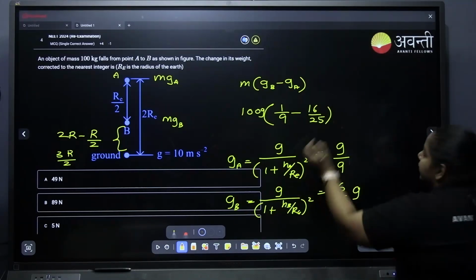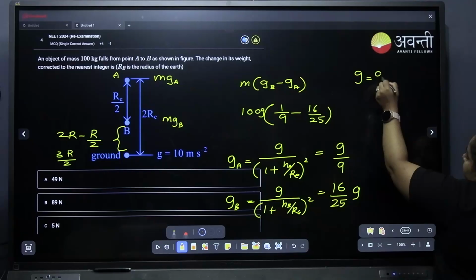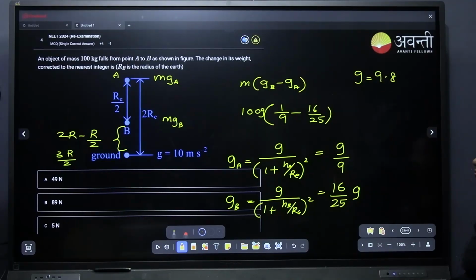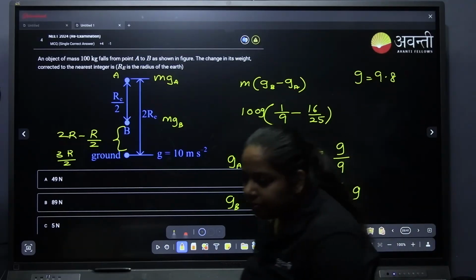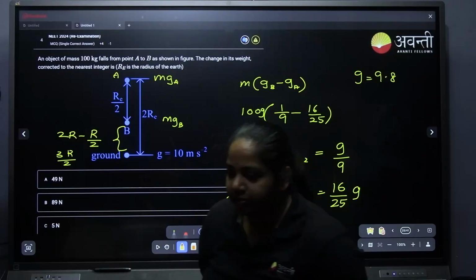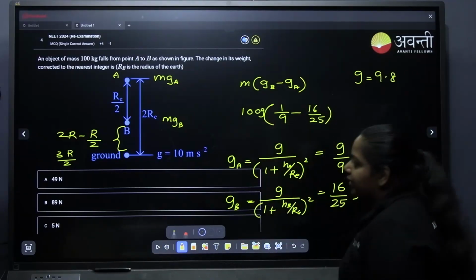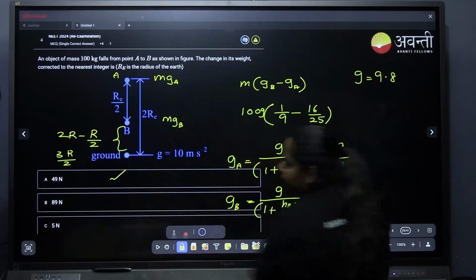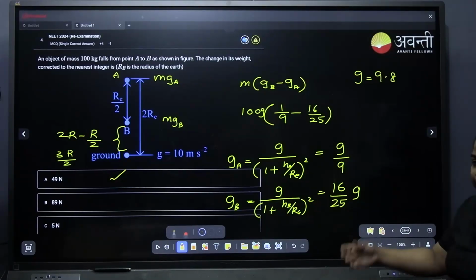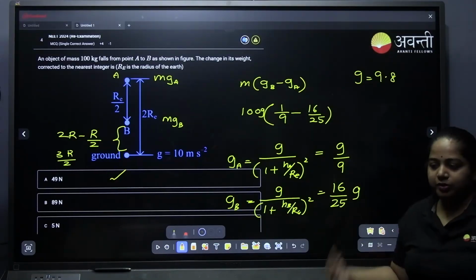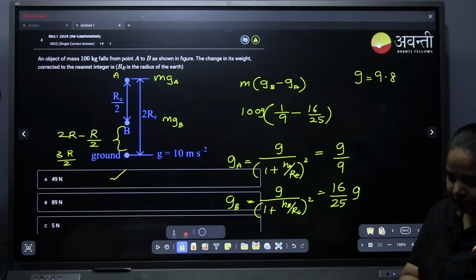You can take g as 9.8. Nobody is doing the calculation, very bad. The answer you will get is 49 Newton. I am skipping the calculation part because we don't have time. We have to solve more questions.